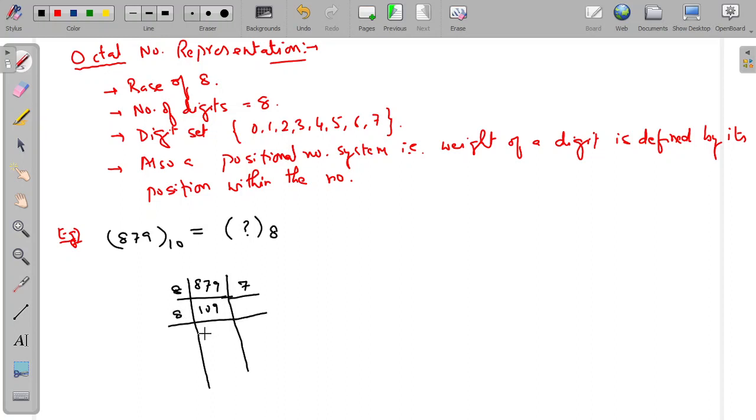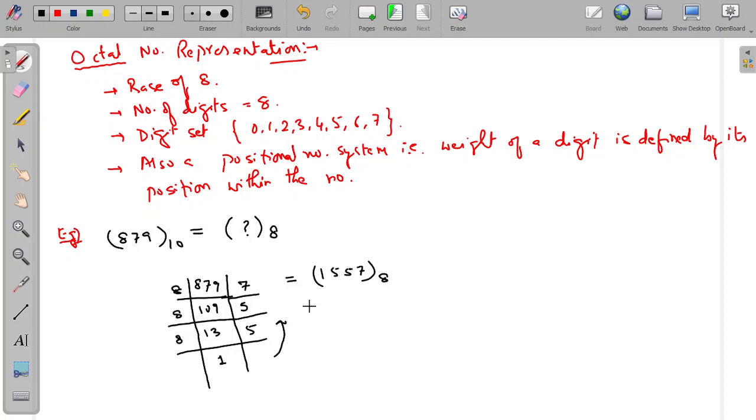Again 8, so 1 3, the remainder here would be 5. 8 1s are 8, again remainder is 5. Go in this direction. Okay, and the number would be 1557, not in binary, that is in octal number system.